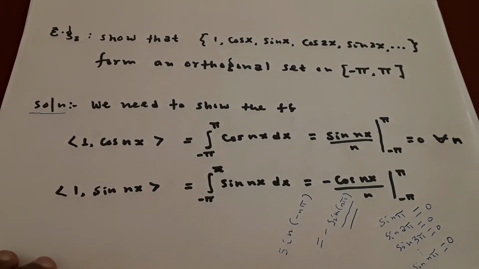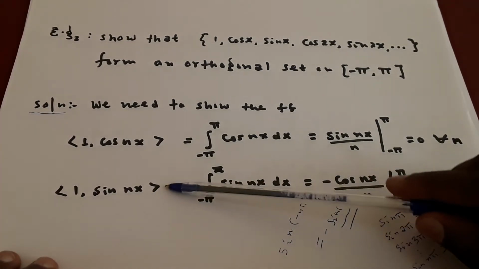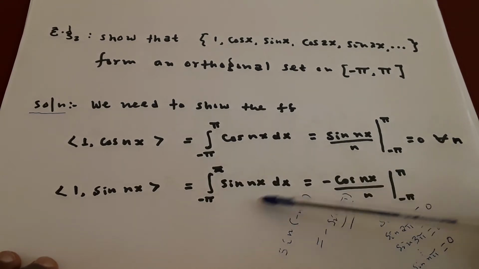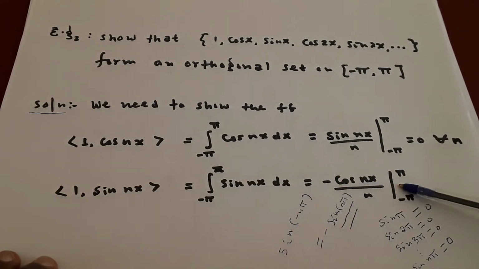Similarly, for 1 with sine nx, the integral from minus pi to pi of sine nx dx gives minus cos nx over n from minus pi to pi.